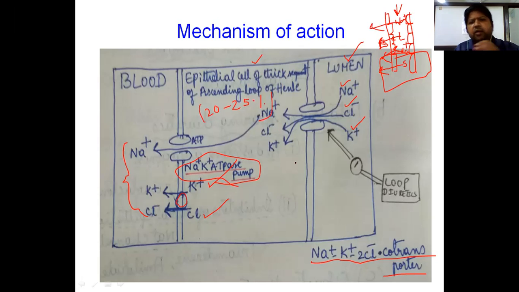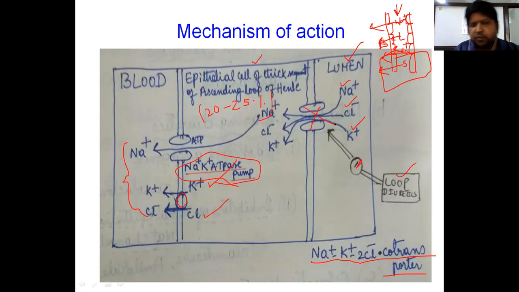Now diuretics will do only one thing. These loop diuretics will inhibit this transport system. You can see here, for loop diuretics I have shown a minus mark. The minus sign indicates inhibition. When this is inhibited, sodium, chloride and potassium will not be reabsorbed.